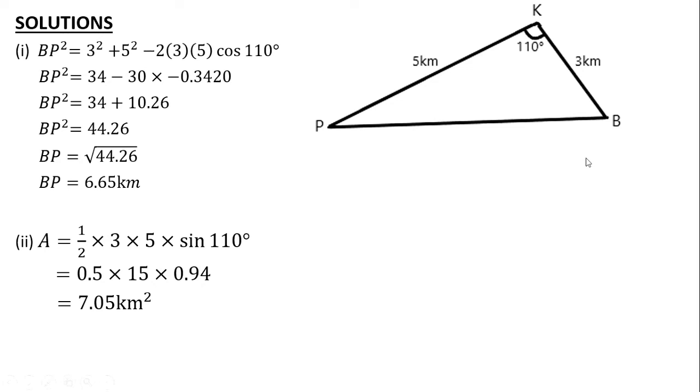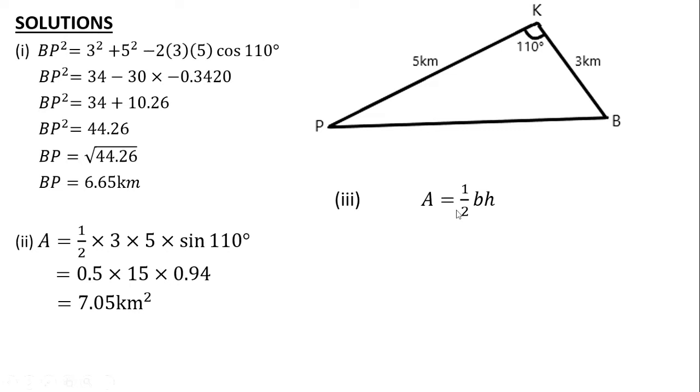Calculate the shortest distance from K to BP. Now the area of a triangle is A equals half the base times the height. So the distance from K to BP will be our perpendicular height, and the base will be the distance BP. Since the area has already been found, where there's A, we'll replace 7.05, and where there's the base, we'll replace 6.65.